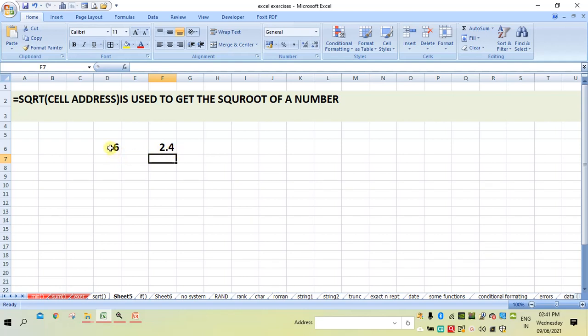Similarly, if you want to find the square root of 81, it is 9. The square root of 100 is 10. The square root of 144 is 12. So this way we use the square root function to find the square root of a number.